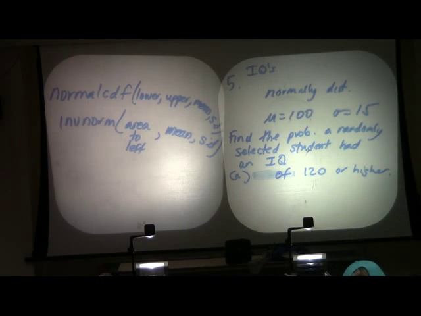Now, for those of you with those sweet calculators, you would just get your normal CDF and do the lower, upper, mean, standard deviation. For those of you with a calculator like me, we are cool too.